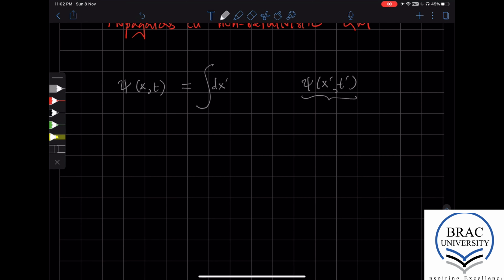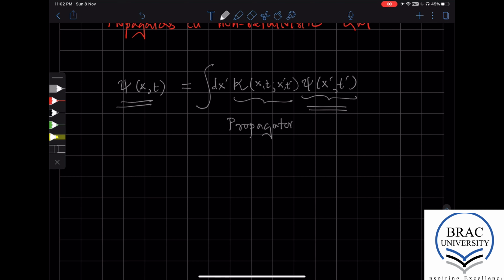I'm looking at one dimension for convenience. And then times a function which propagates our initial wave function to a future wave function. So this function which propagates this initial wave function to a future wave function is known as the propagator.